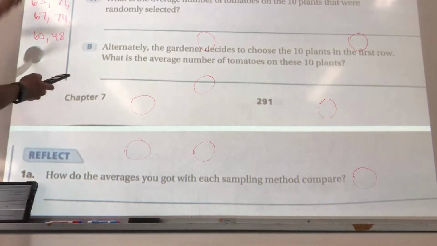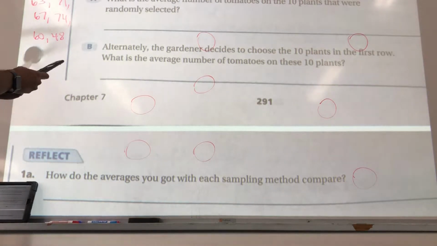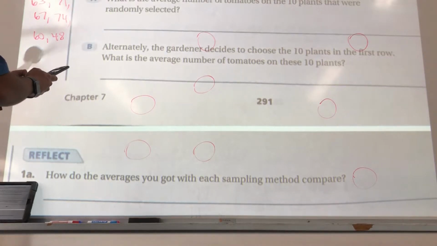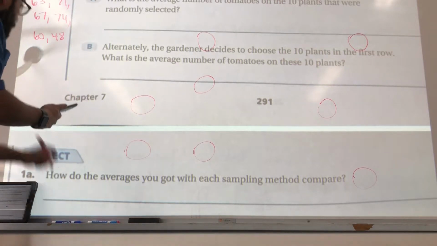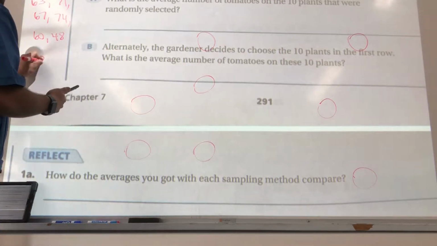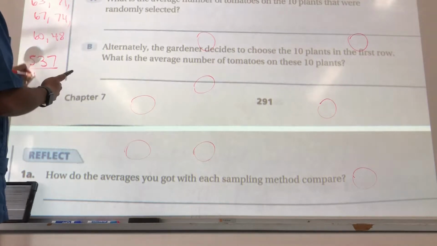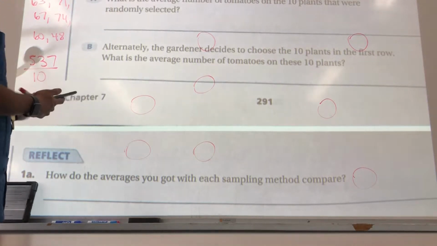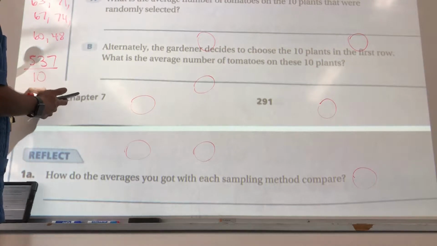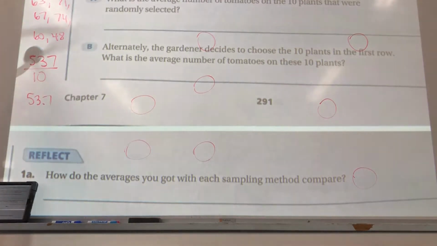Okay, 18 plus 15 plus 57 plus 64 plus 63 plus 71 plus 67 plus 74 plus 60 plus 48. That gives me a grand total of 537. I'm going to divide that number by 10, because I chose 10 numbers at random, and I'm going to get 53.7. That's my average, okay?